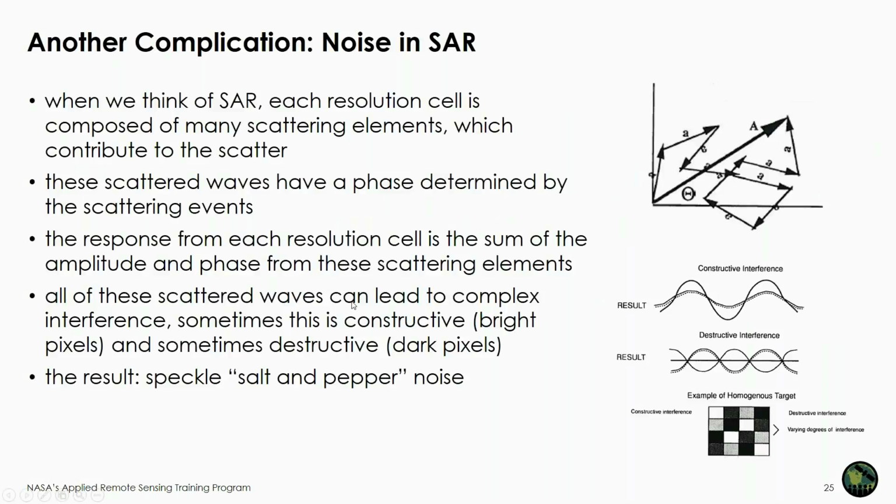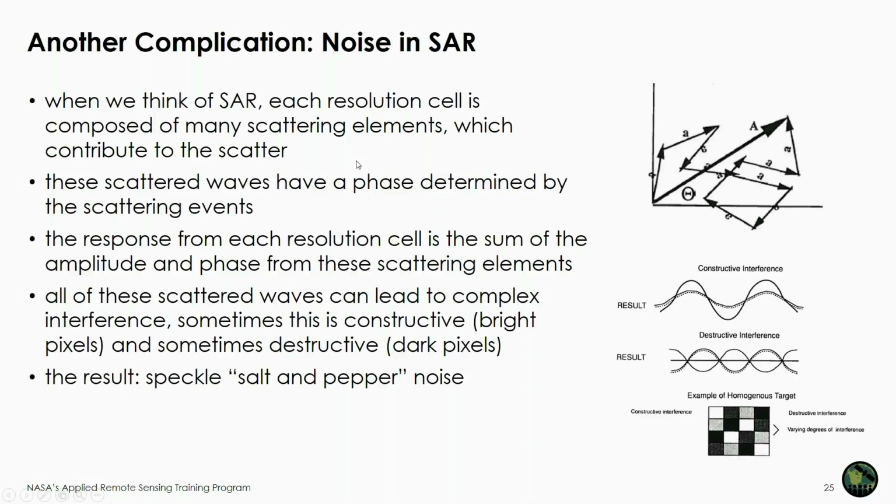And finally, before we hand it over to Nina to go through the SNAP demonstration, I want to talk a little bit about noise in radar. So when we think about radar, each resolution cell of a radar image is composed of many different scattering elements that contribute to the radar scattering. And these scattering waves have phase that are determined by these scattering elements.